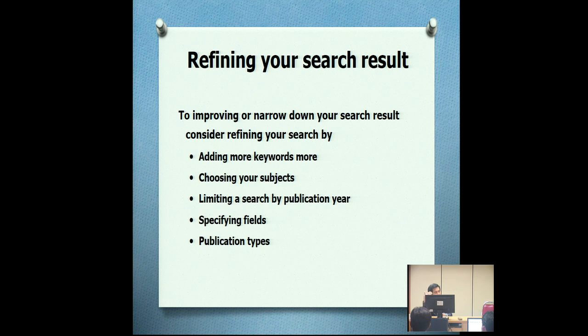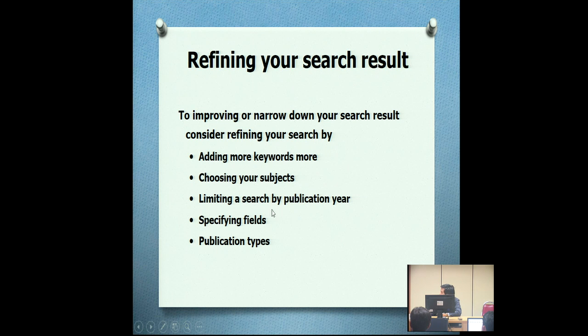Or if you got too many results, you can add more keywords too. And if your search terms cover many subjects and you want to focus only on your subjects, some databases allow you to choose subjects, to display only the subjects that you want.